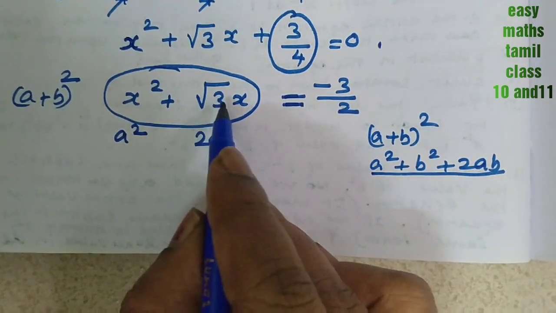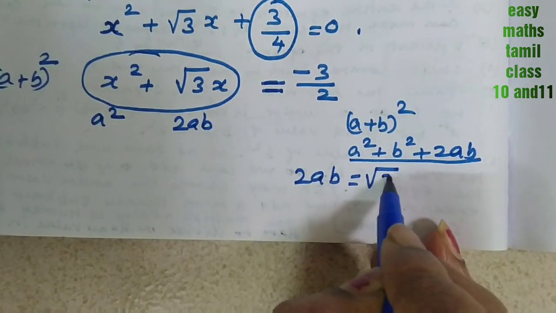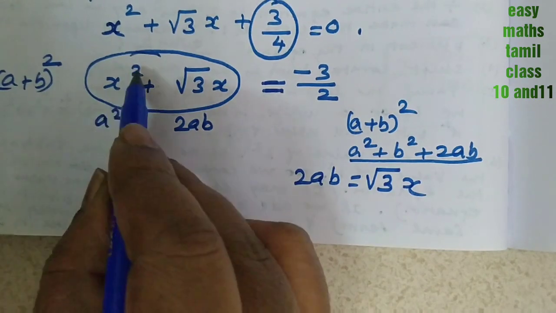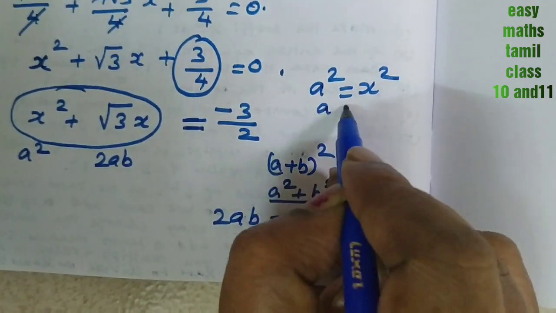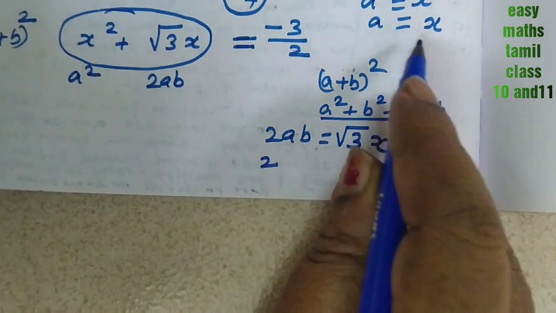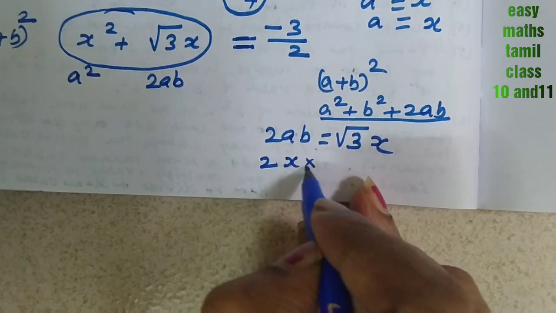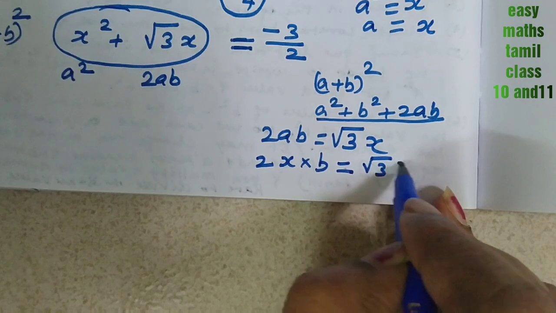So taking this 2ab equal to root 3 into x. So a square is x square. A square is x square means a value is x. So here 2 into the value of a, which is x, into the value of b, we have to find this b value. So equal to root 3 into x.